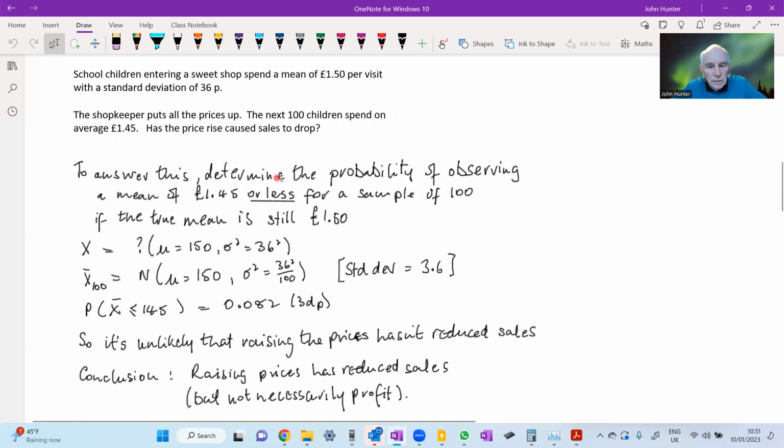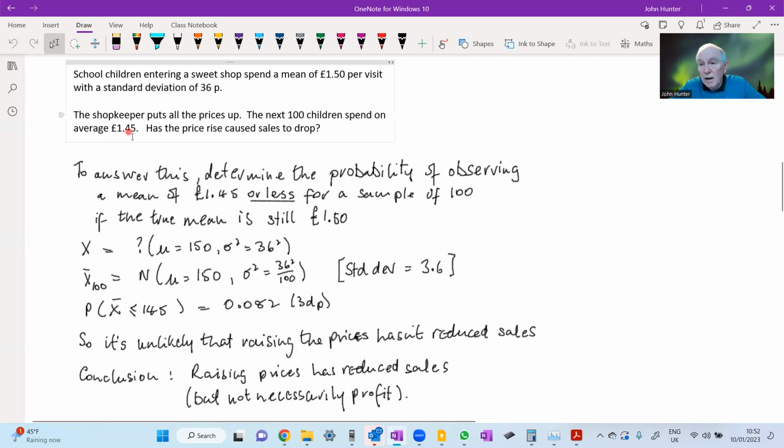So to answer this, we're to determine the probability of observing a mean of £1.45 or less for a sample of 100, if the true mean is still £1.50. So we're saying, well, let's assume the mean is still £1.50.